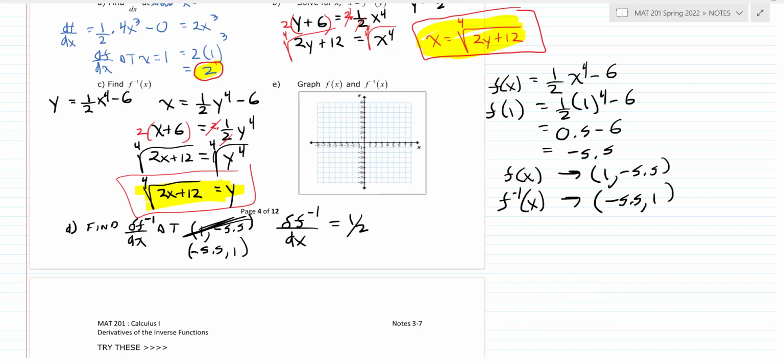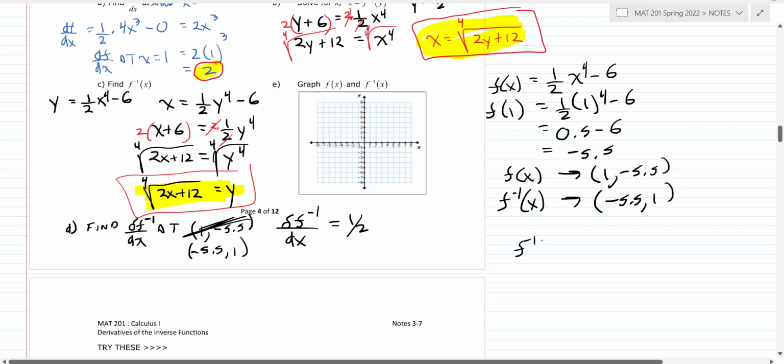Okay, so I want to show you one other thing. You don't really have to write this down. I just want to show you something. So we have the inverse is equal to, we got really 2x plus 12 to the 1/4 power. That was our answer to part C. If I did the derivative of this inverse, let me show you what would happen.